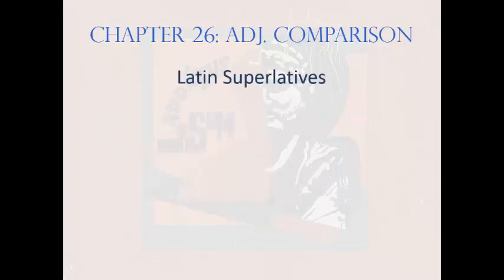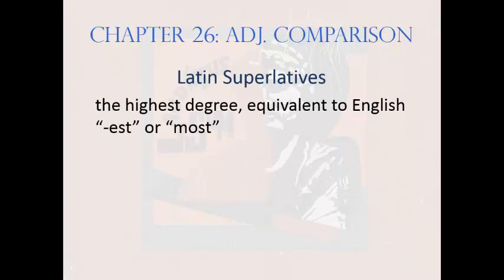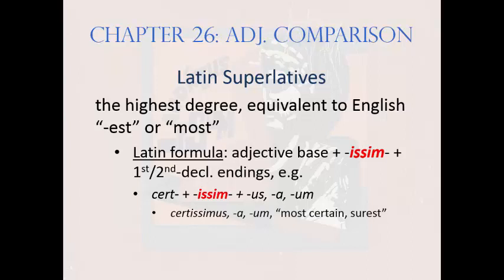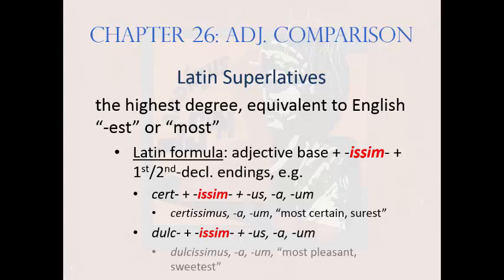Let's start with superlatives, the highest degree, the counterpart of most, or est in English. Latin forms superlatives by taking an adjective base and adding issim, I-S-S-I-M, plus first-second declension endings. For instance, cert plus issim plus us producing certissimus a, meaning most certain, surest, or dulc plus issim plus us producing dulcissimus a, meaning most pleasant, sweetest.